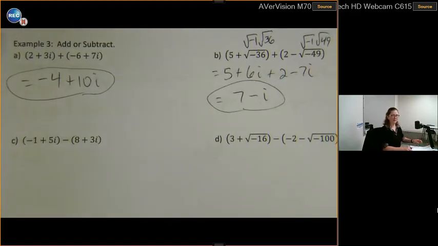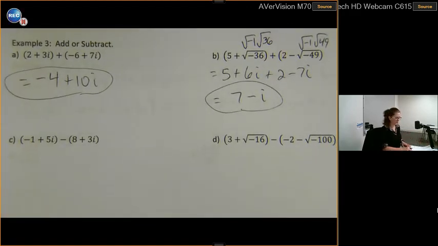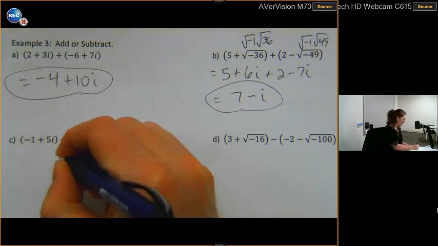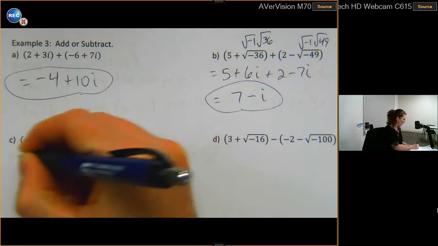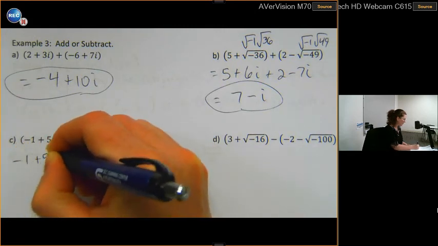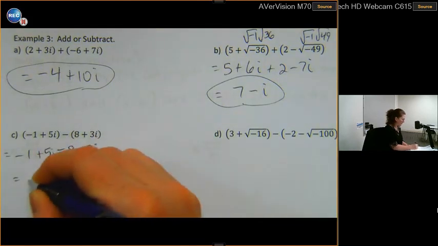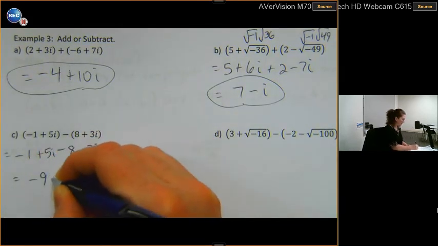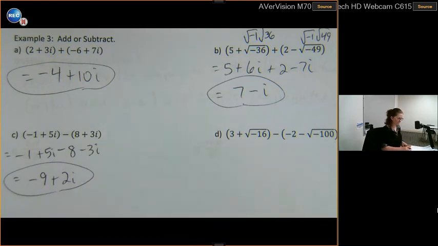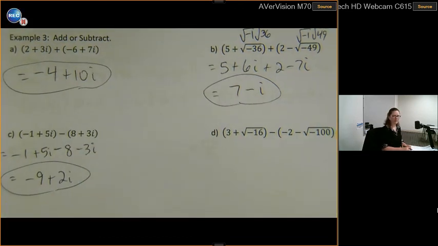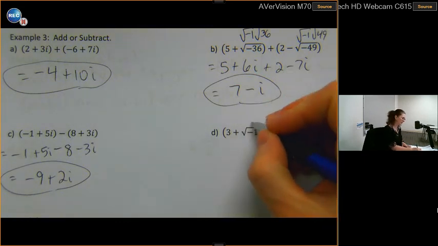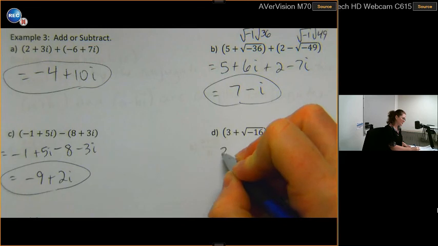Part C has a subtraction between the parentheses, so we do need to distribute that negative sign. And then combine the like terms. And then part D, again, is subtraction, so we want to distribute the negative as well as simplifying the radicals.